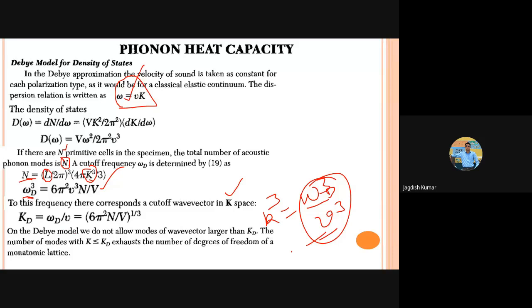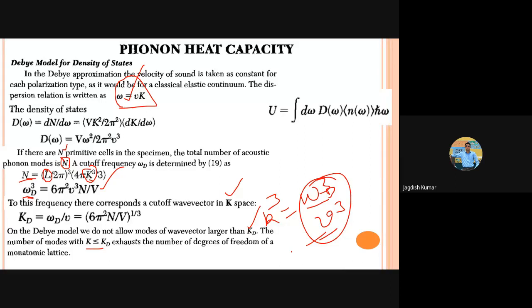In the Debye model, we do not allow modes with wave vector larger than kd. That's the idea. kd is the highest value of the cutoff wave vector in reciprocal space. Then all the phonon modes will be exhausted up to k less than kd. The same thing we already did.